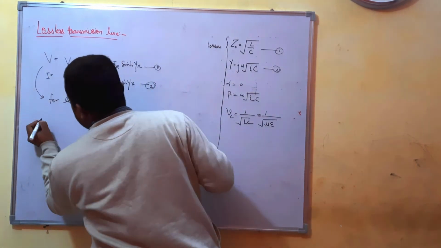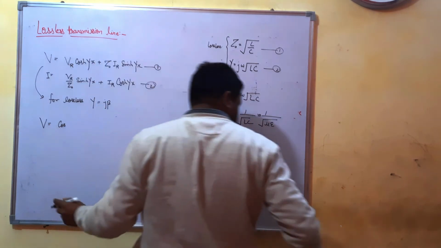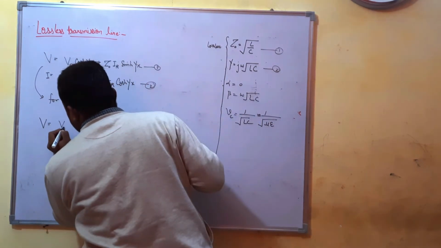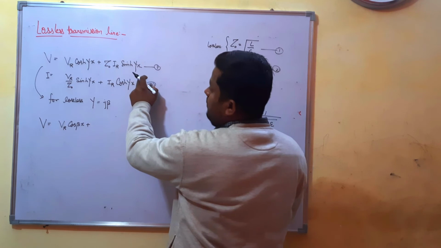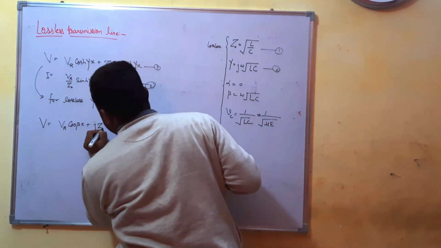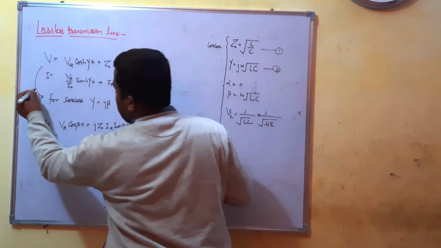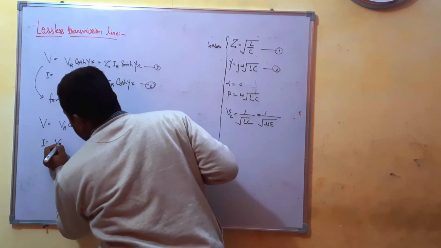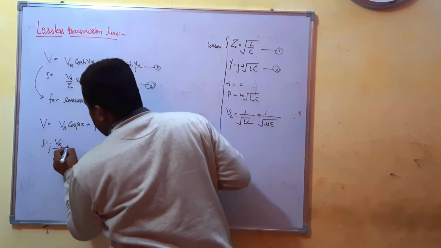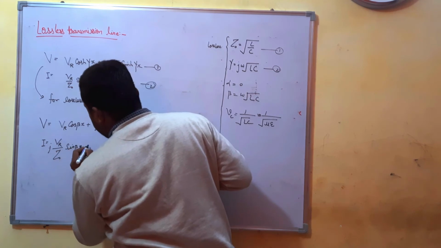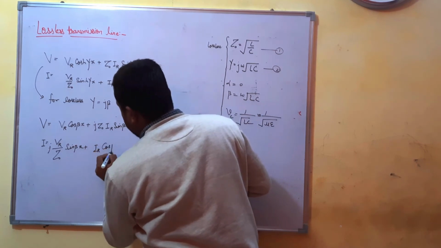So for lossless line V becomes VR cos beta x plus j Z0 IR sin beta x, and current becomes VR by Z0 times j sin beta x plus IR cos beta x.